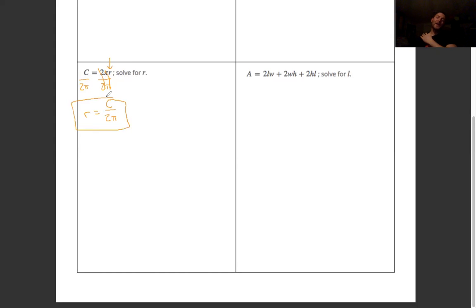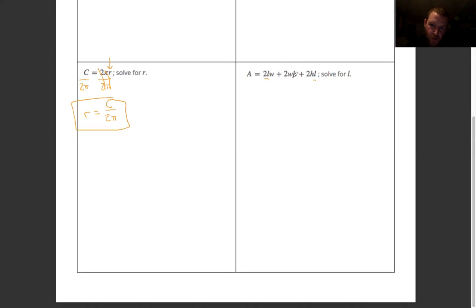Now the last one. The last one is where people have some issues. Most of it from here on out. I mean, the first three you probably could have got. The last one, we got to solve for L. And the issue with this is there's multiple L's. Now, what I want to do is get everything to the left that doesn't have an L, which is this.